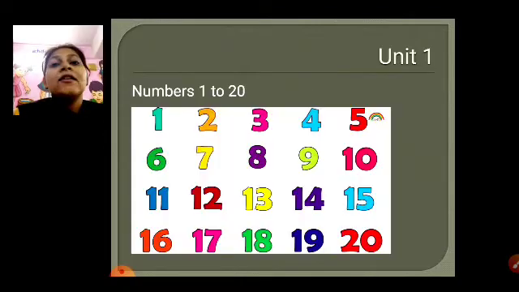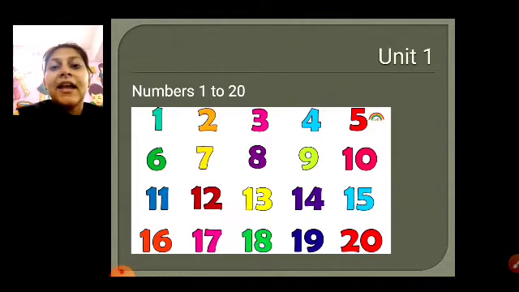See, first of all we learn about the numbers 1 to 20. So you all know the numbers 1 to 20, right? So this is your revision. So number 1, 2, 3, 4, 5, 6, 7, 8, 9, 10, 11, 12, 13, 14, 15, 16, 17, 18, 19 and 20.